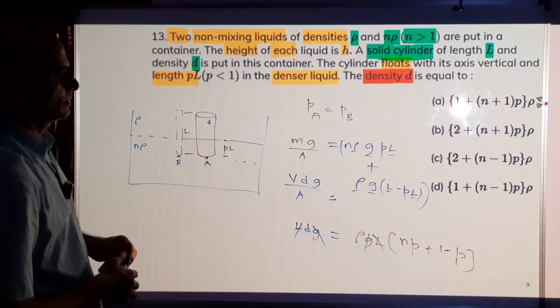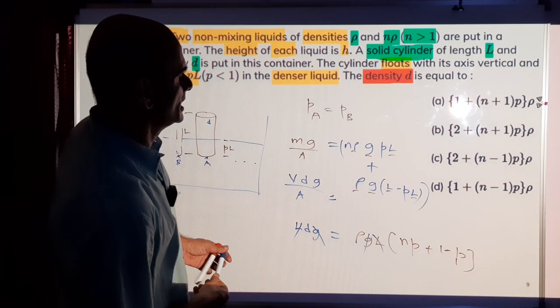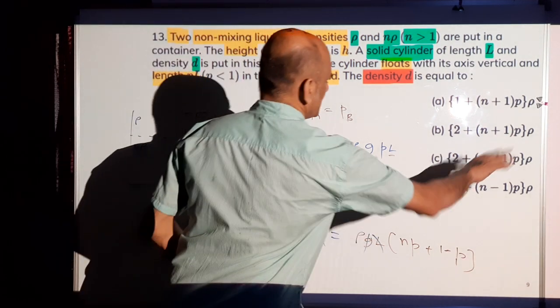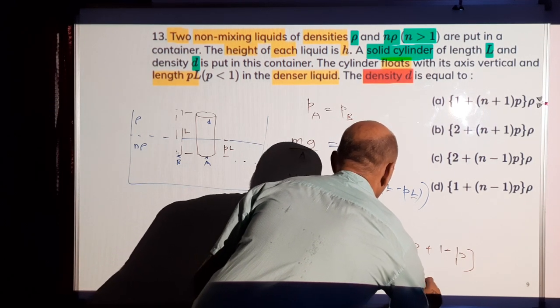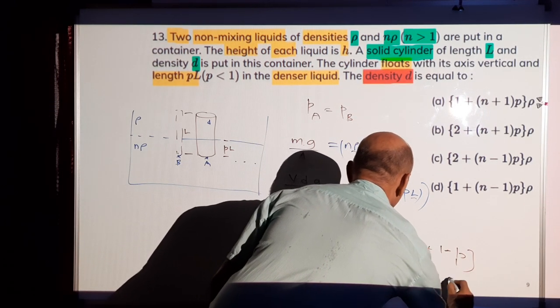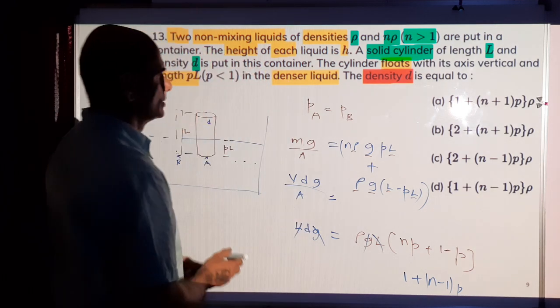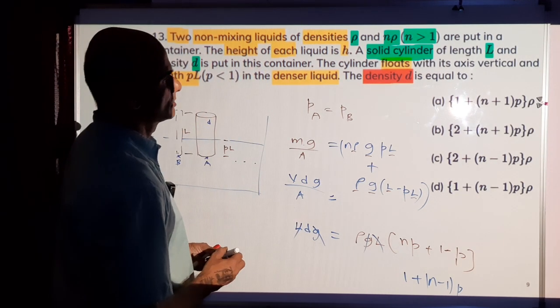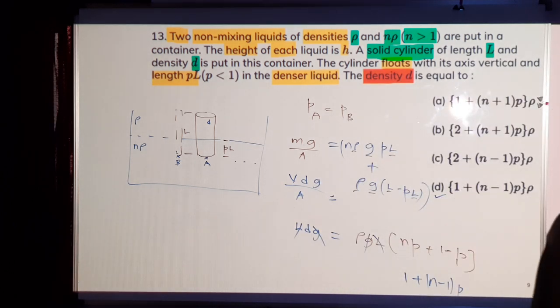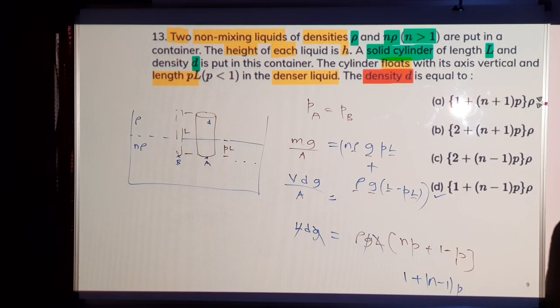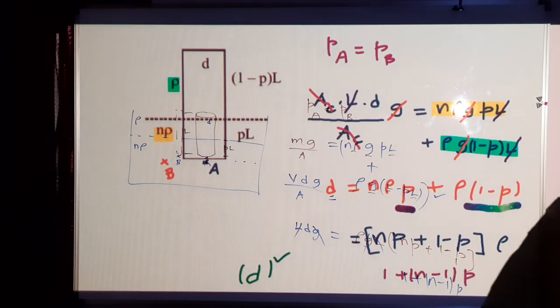So density is rho into NP plus 1 minus P. So here the P terms have been taken out separately. So this can be written as 1 plus N minus 1 into P. Option D is the correct answer.